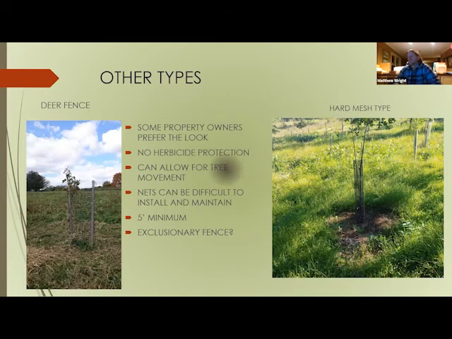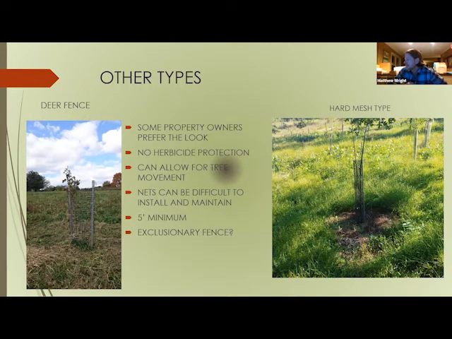Other types, which I'll go over quickly because there's a potential that you could use them. I don't really recommend them, and I'll speak to that. You can use deer fence that's cut and staked and put around the tree. And they also sell hard mesh types, and you can get them in different sizes as well.